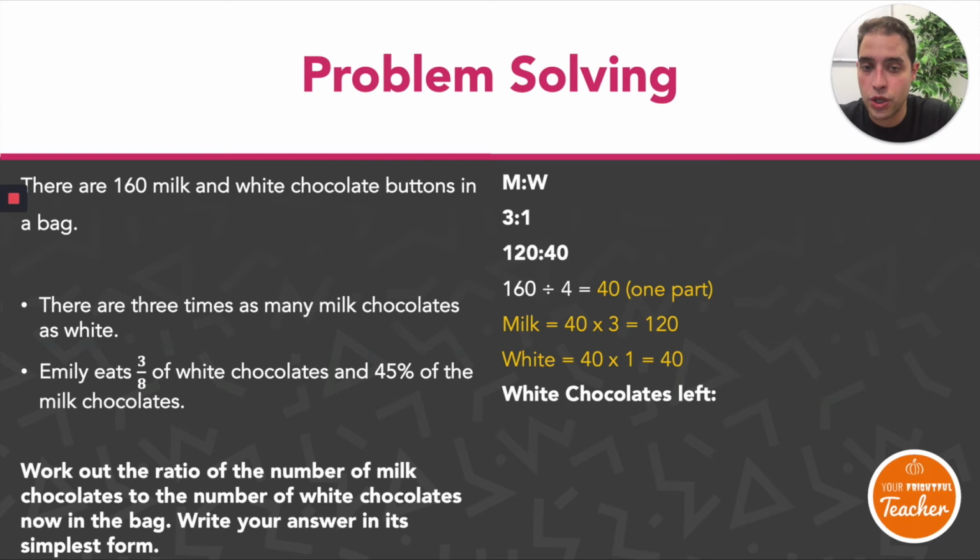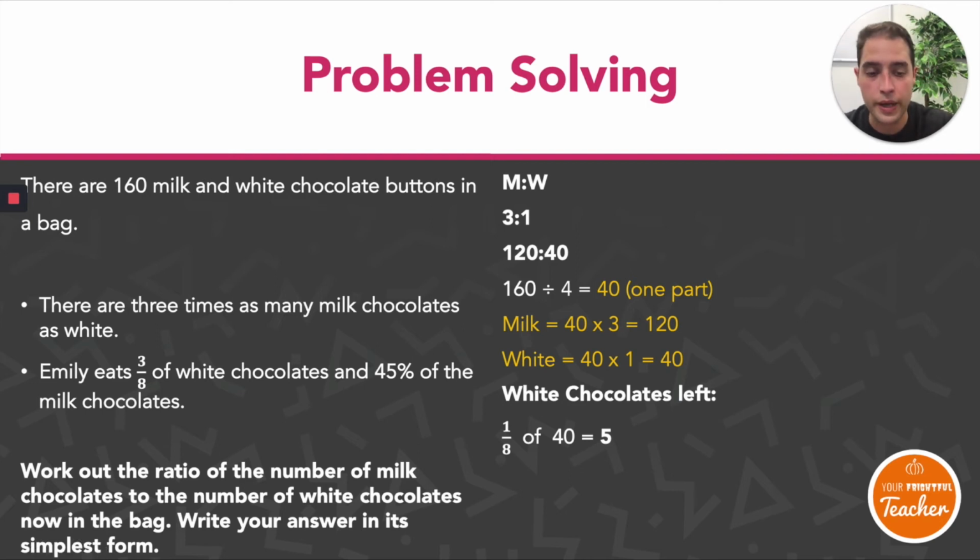So how many white chocolates are left? Well, I know that Emily eats 3/8, so I need to work out 1/8. I know that in the bag there are 160, but 40 of those are white because I did this first calculation. So 1/8 of 40 is 5 because 40 divided by that bottom number, 8, is 5.